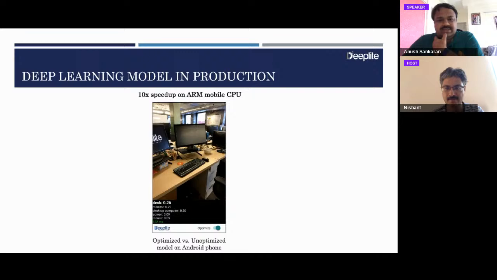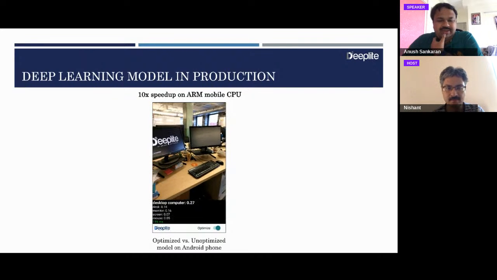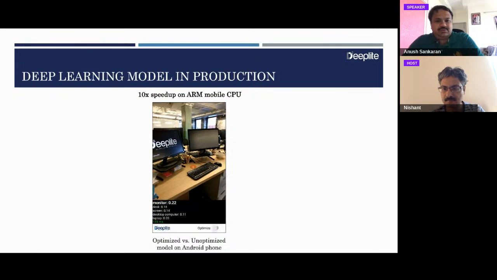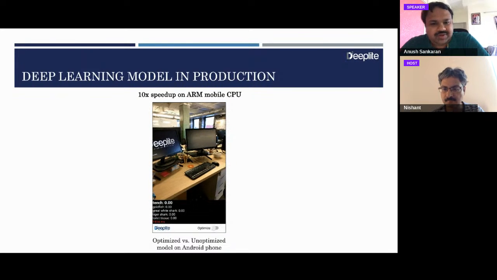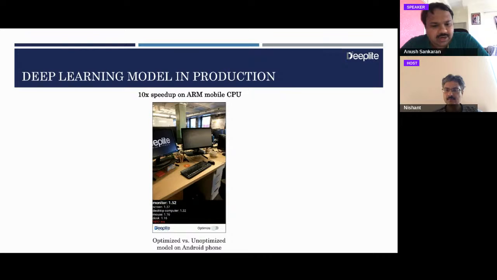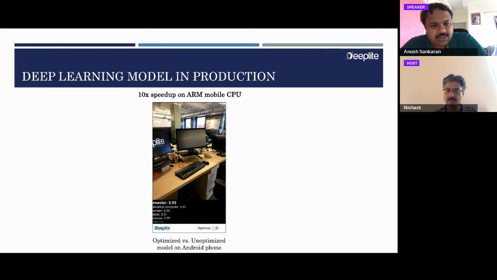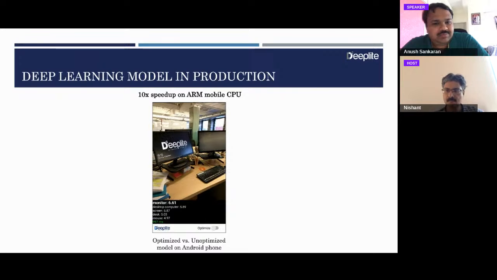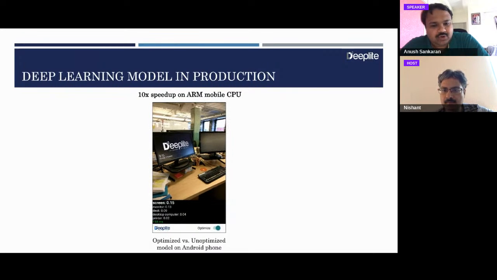So I'll just show a few real world examples where we used it, and I'll be happy to take all those questions, right? And this was one of the questions that they asked, about different hardware architectures. So this is an object detection model on a mobile phone which uses an ARM mobile CPU, and we see about a 10x speed up for object detection, right?